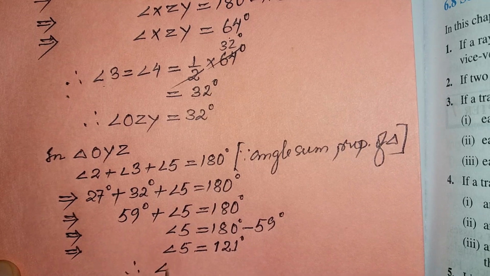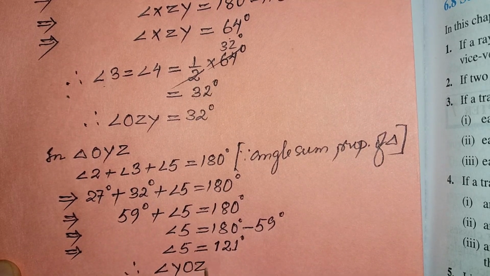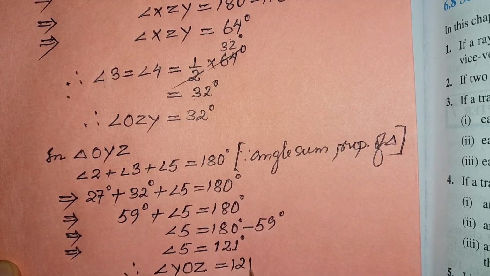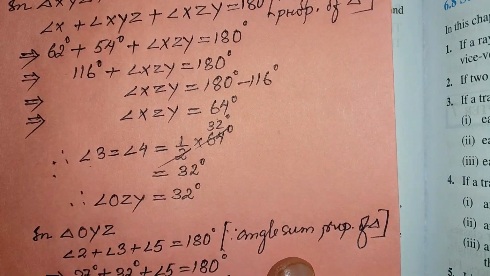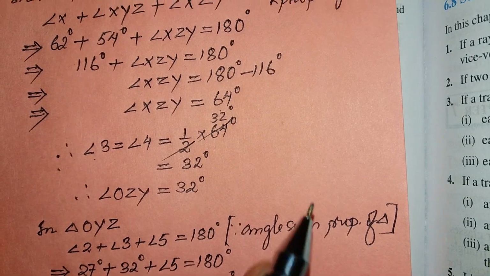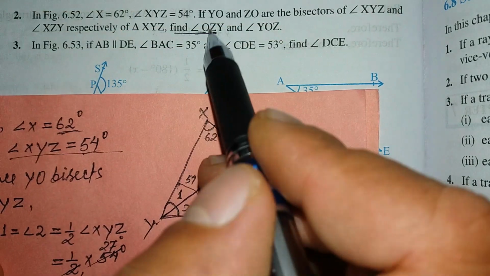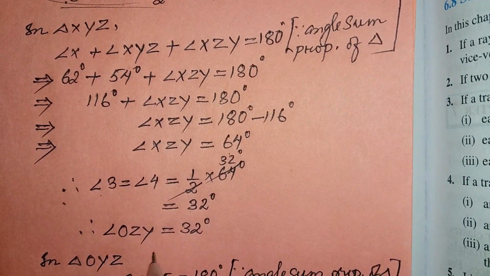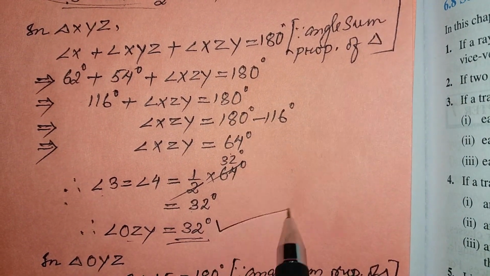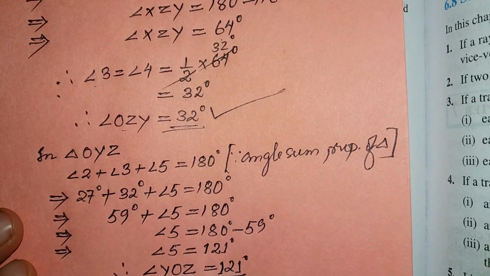Therefore angle YOZ is equal to 121 degrees. So we have got what the question asks us to find out: OZY is 32 degrees and YOZ is 121 degrees.